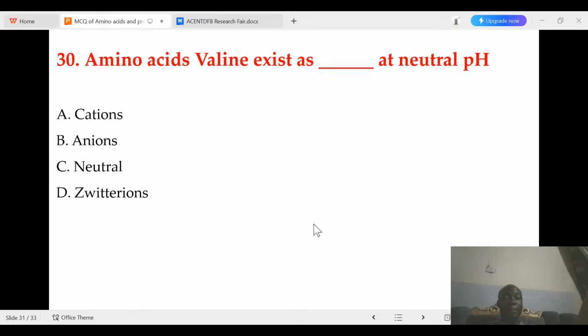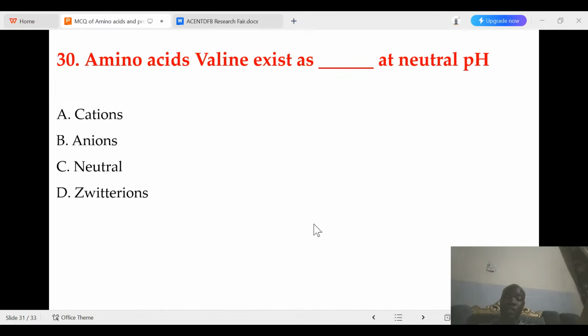So valine is neutral at neutral pH, because Zwitter ion and neutrality of any substance are two different things. When you say it is neutral, it means it doesn't have a positive charge or a negative charge. But the Zwitter ion is charged: the amino group has a positive charge, the carboxylic group has a negative charge, but the charges neutralize each other, and that is why they are considered Zwitter ions.